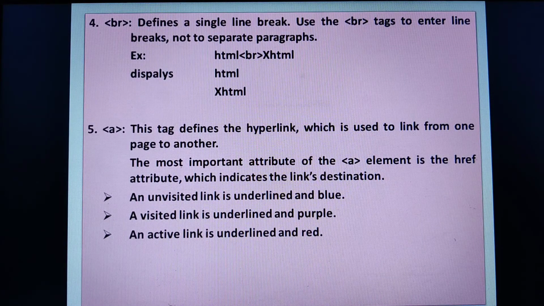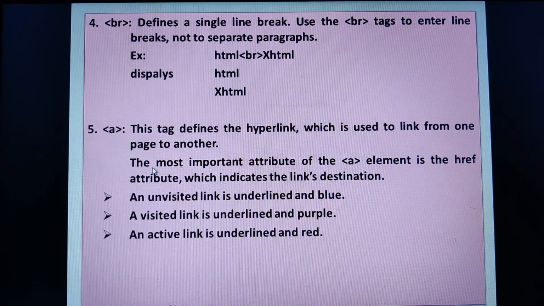If you have already visited that particular website, it turns purple in color. And if you're currently in one of the websites, then it will be an active link, and it will be red in color to indicate right now you're using that particular link. All right, so this is the use of the anchor tag which will help you to create the hyperlinks.